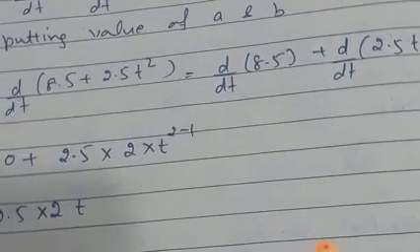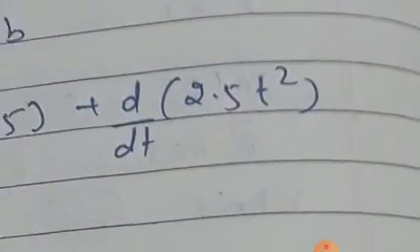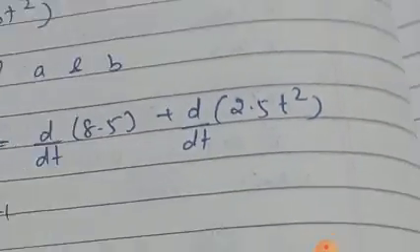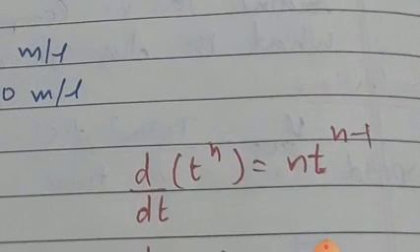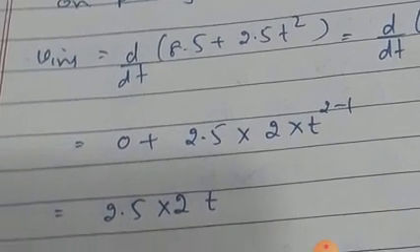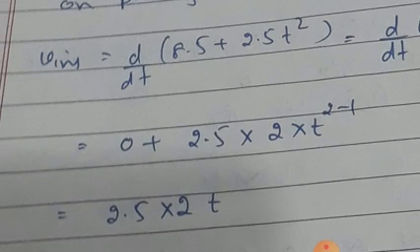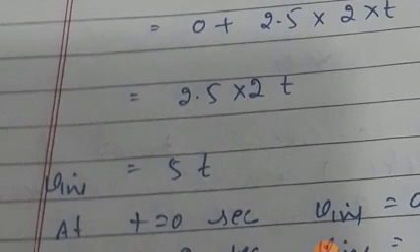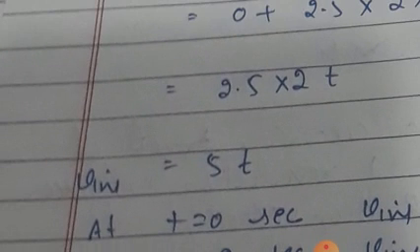So in our case we are applying this formula for t², and the answer will be 2t^(2-1), that I have written here. So V instantaneous will be equal to 2.5 into 2t, and the answer is 5t. So we have derived the general formula for instantaneous velocity in the form of t.